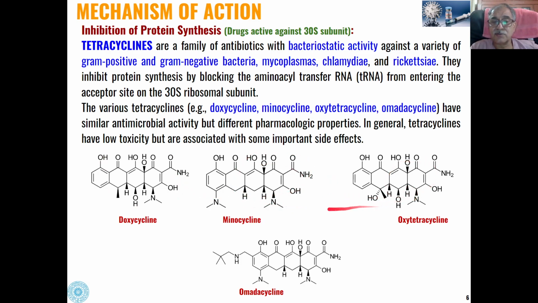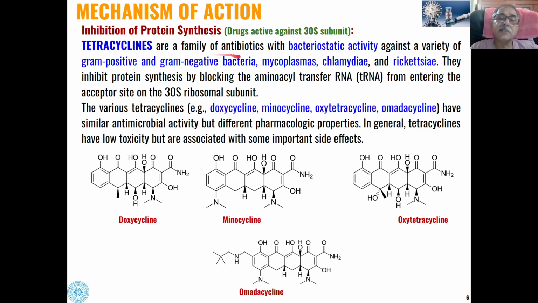In all the cases, the only difference is some substitution here and there. Otherwise the structure of all of these is the same. At some positions some modification or substitution is there, because of which they show different properties towards different types of infections.